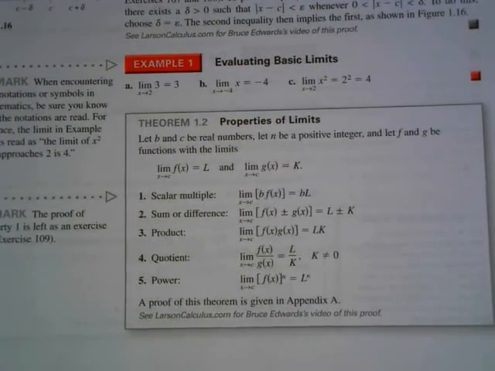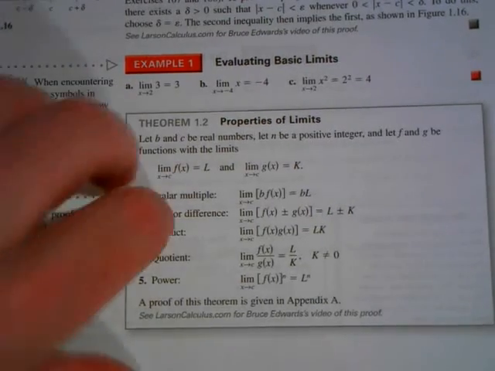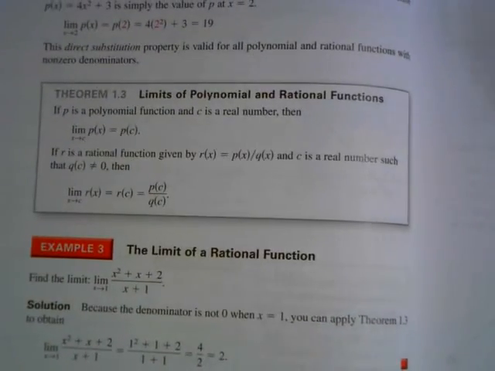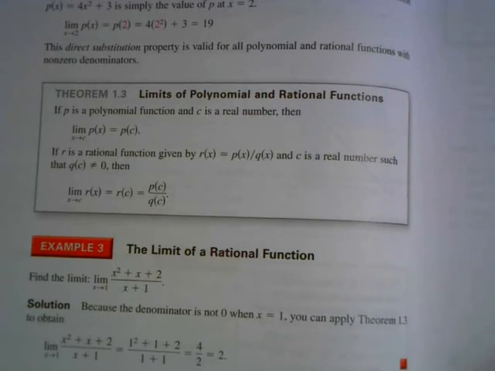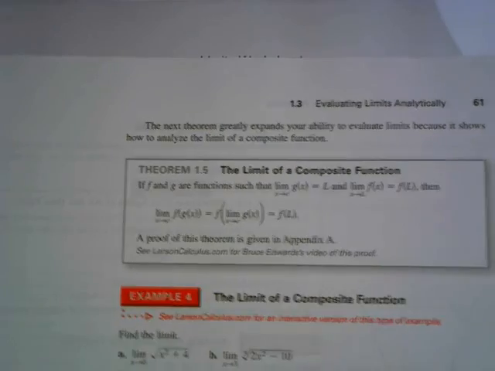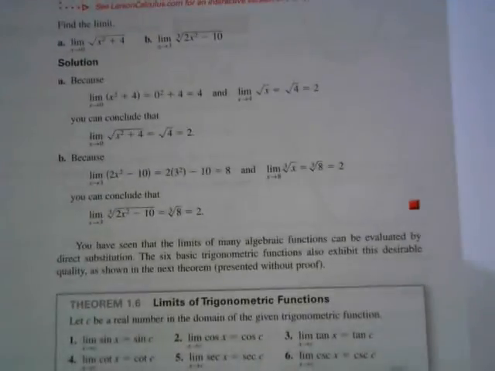So that's a lot of what this next theorem says, properties of limits. Basically, what you have in this theorem and the next one, limits of polynomial and rational functions, the limit of functions involving a radical, the limit of a composition of functions, and finally limits of trig functions.